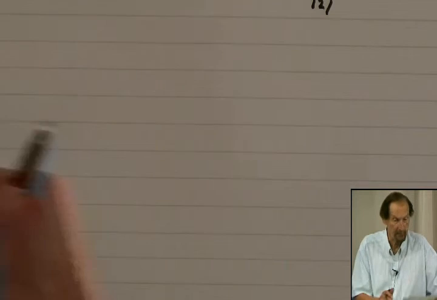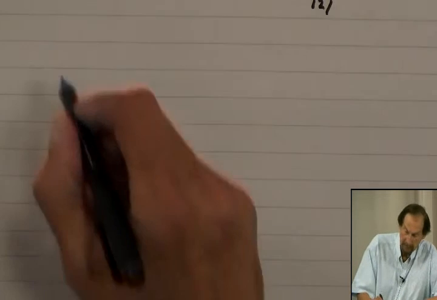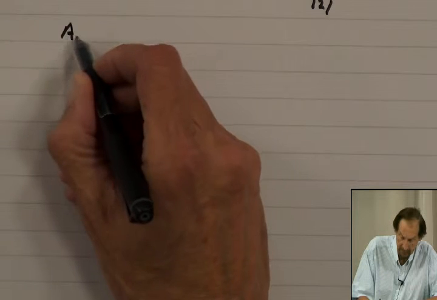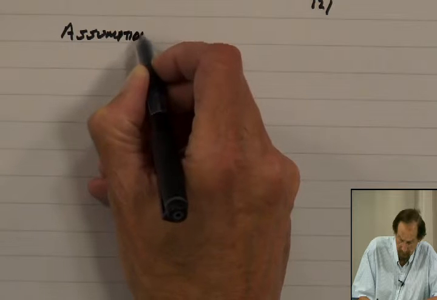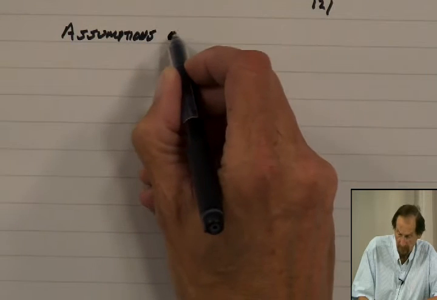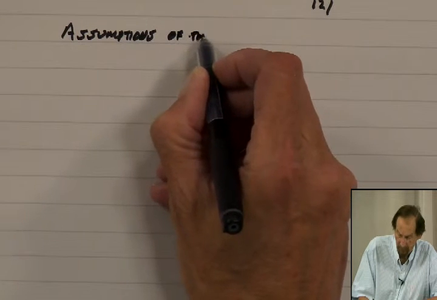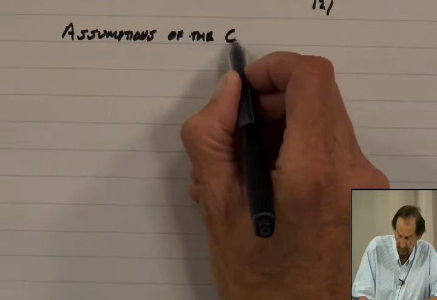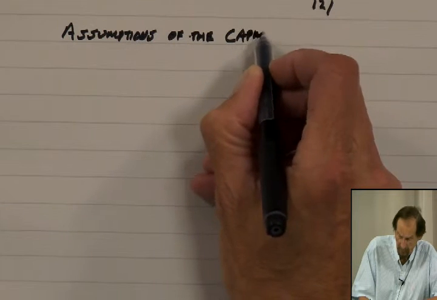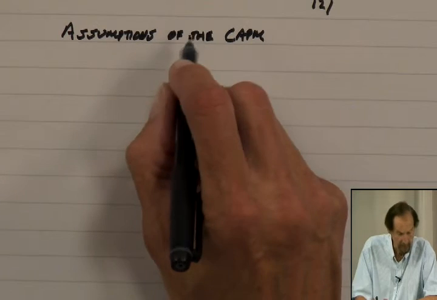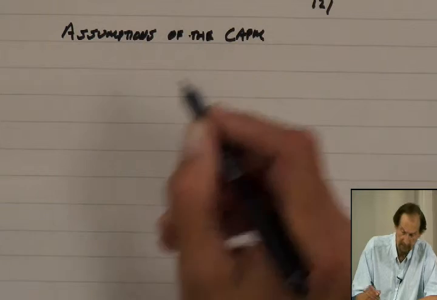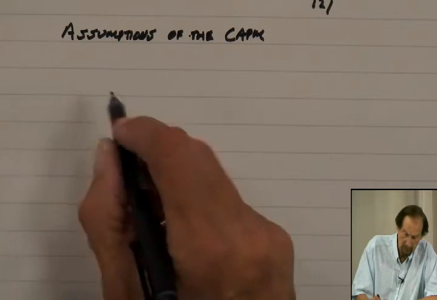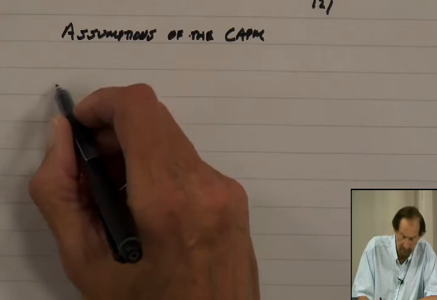Okay. Now, first let's do the following. Let's look at assumptions of the CAPM. And if you look at different texts, you'll see that different texts give different sets of assumptions. We'll consider these assumptions.